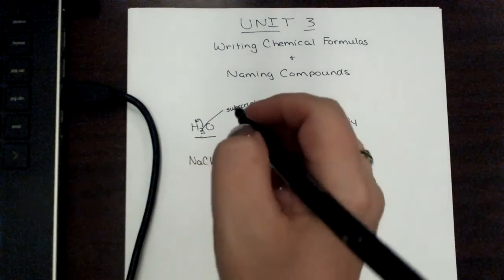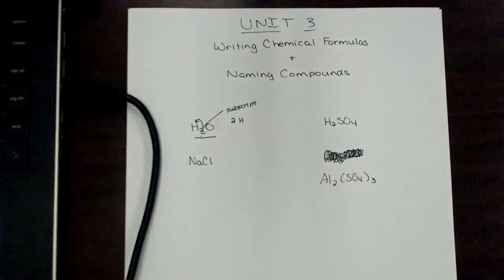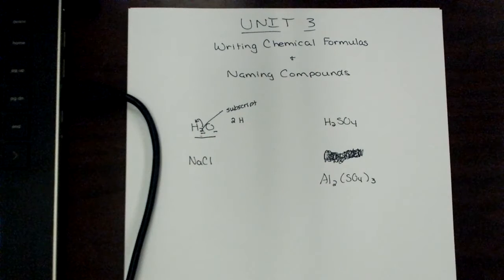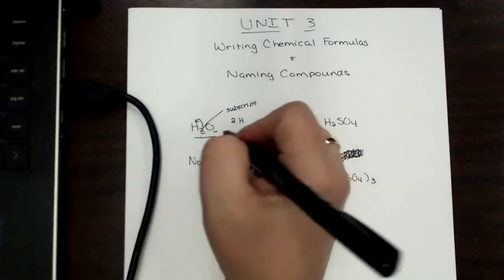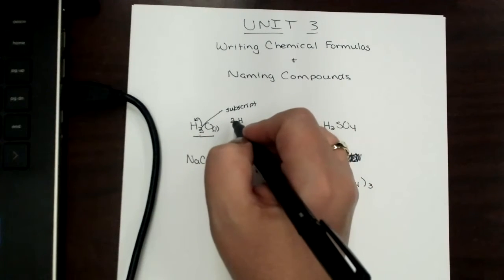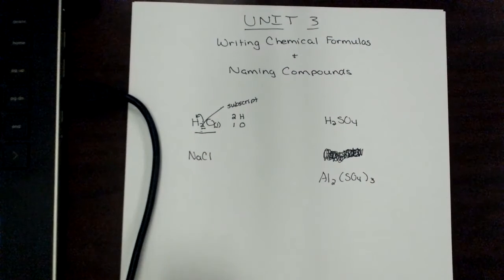So when I look at H2O, that tells me that there are 2 hydrogens. Now behind oxygen, there isn't a subscript written there. However, there is an understood 1. So H2O tells me that there are 2 hydrogens and there is 1 oxygen that makes up a molecule of water.